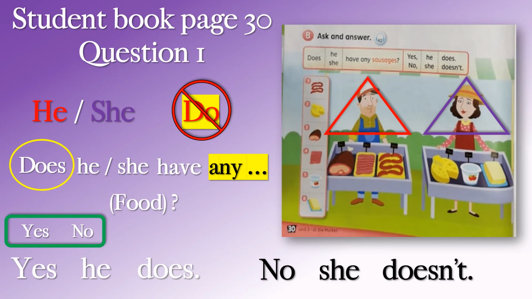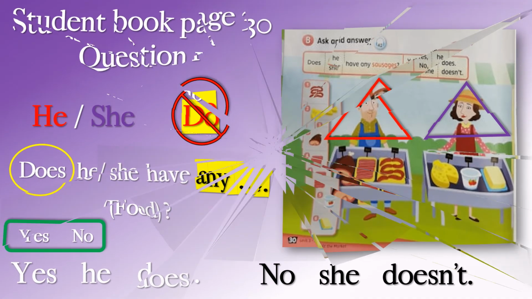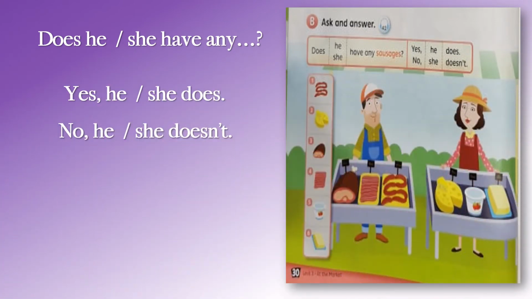Quite easy to remember. Question does, answer does. Okay, let's move on. Here is page 30, part B, ask and answer. Now we are looking at the question, does he have any, or does she have any, and then the food word.